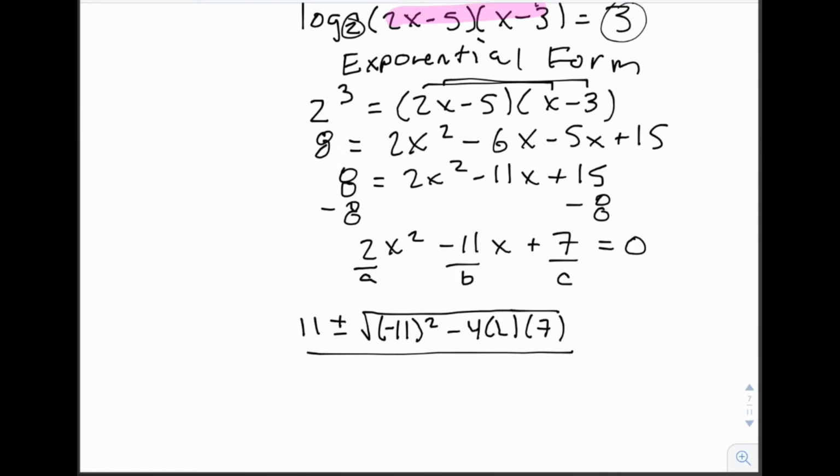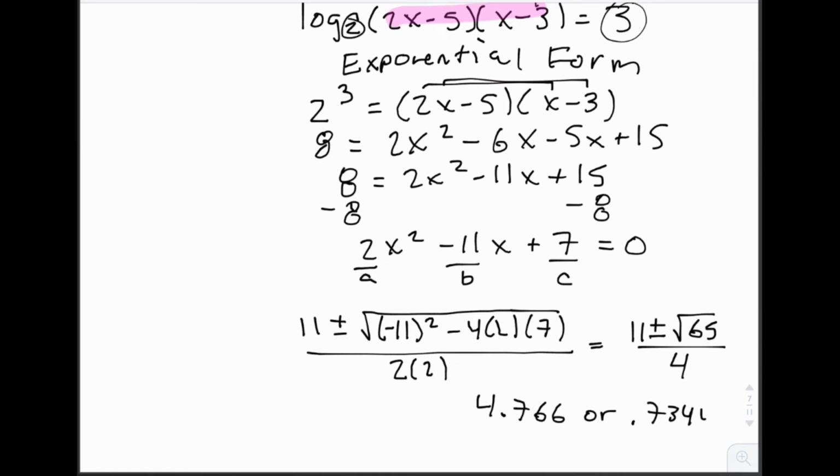Then we take all of that and divide it by 2a, or 2 times 2. And this should produce positive 11 plus or minus the square root of 65 divided by 4. Or in other words, 4.766 or 0.7344.